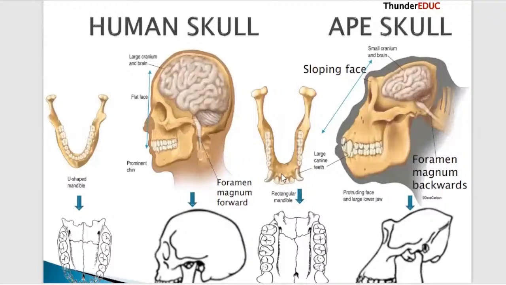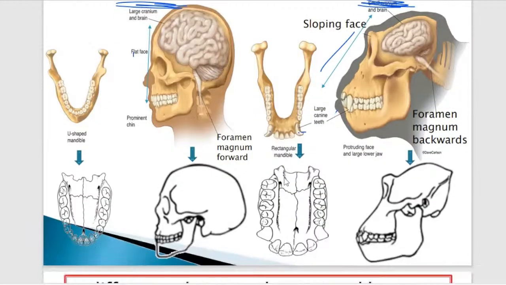Difference between the skull of human and the other primates, please know them: sloping face, this flat face, the canines. These ones, guys, I'm not going to talk about too much, but there's something which I need to talk about here. Position of foramen magnum, we say that it is in forward position. Foramen magnum is in forward position. We don't use any other word. Foramen magnum is in backward position.